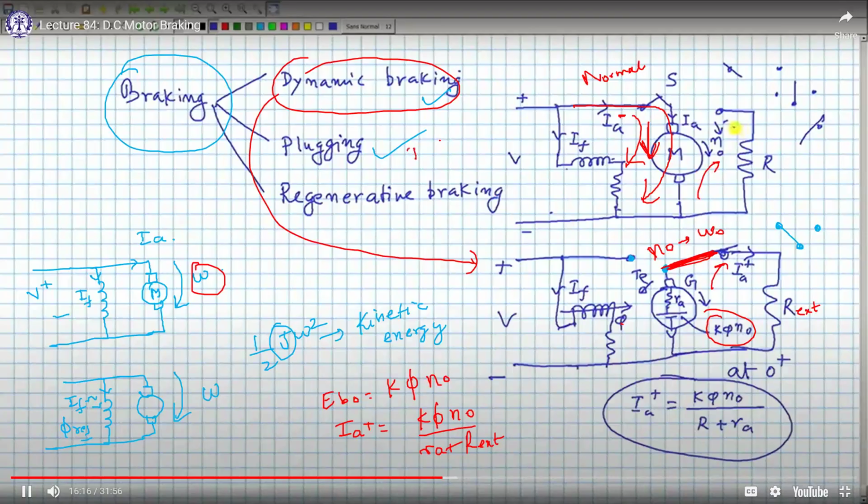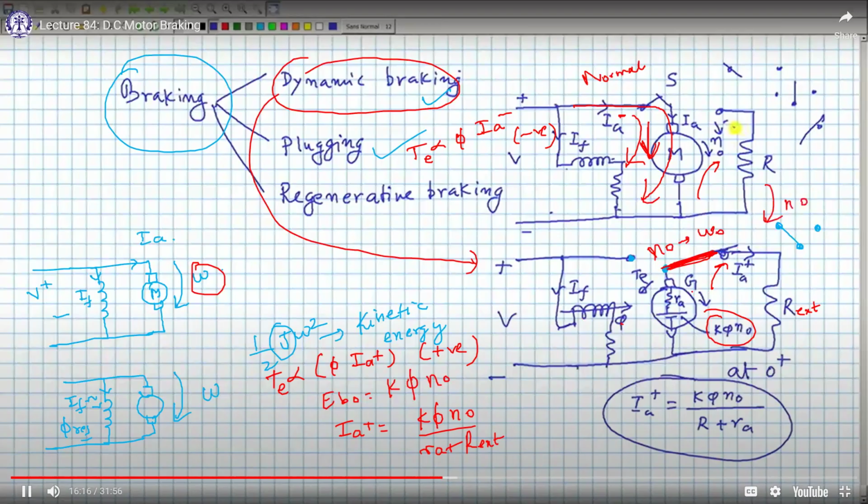Previously your torque was proportional to phi into IA negative, in this negative direction. Now torque is proportional to phi into IA plus, which is the opposite, positive direction. So the electromagnetic torque produced is now opposite in direction, and it opposes the speed n0.